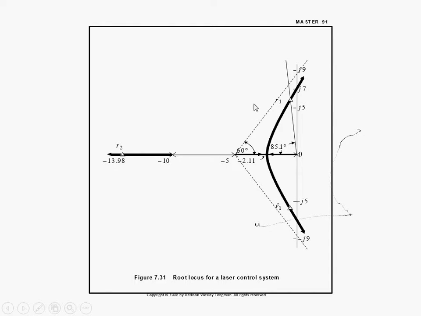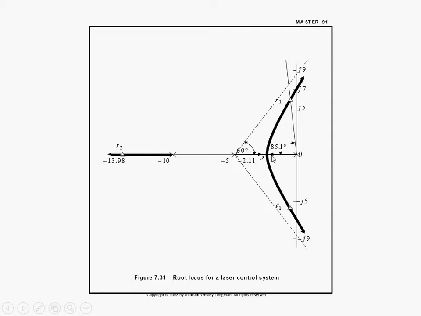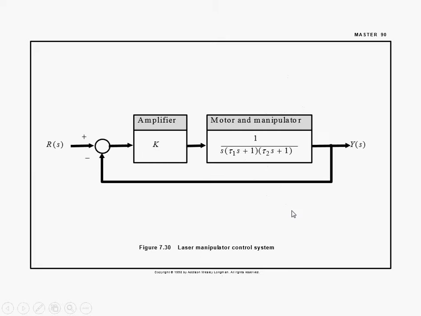Okay, the reason I wanted to do that is because I wanted you to see how the roots change. So if they start over here, they come this way, and then they move like that. See, in this case, this is a third order system, see? Because s is cubic in the denominator here.